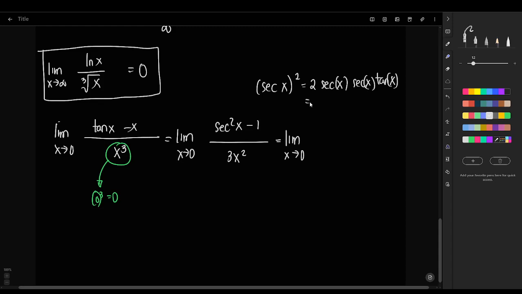So this is equivalent to 2 secant squared x tangent x. You put it right here, so that is 2 secant squared x times tangent x divided by 3x squared, whose derivative is 6x.